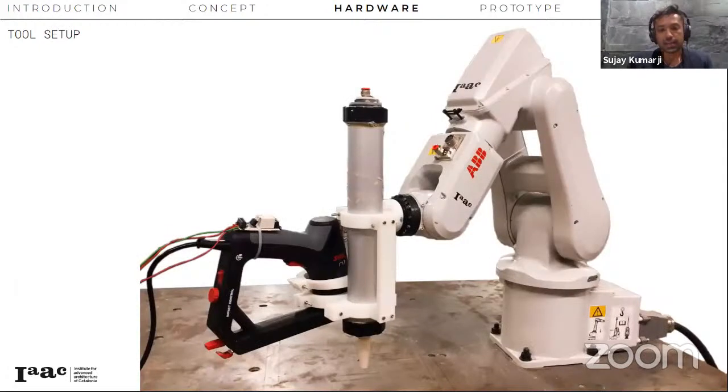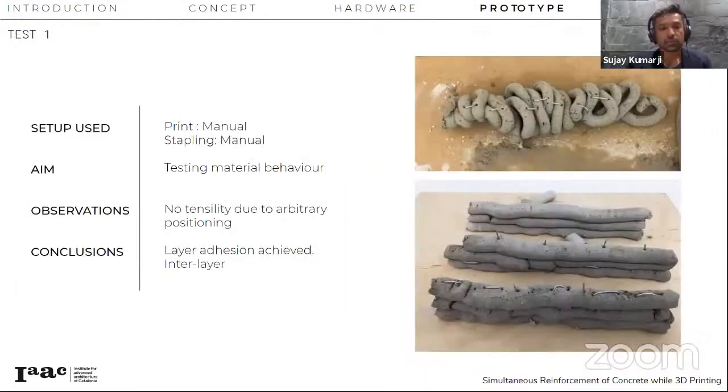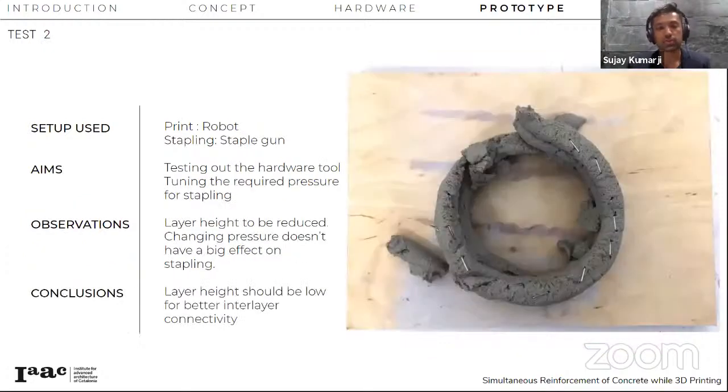So this was our setup that we came up with. And based on that, we decided to start off with a few tests. The initial tests were done manually, to see how the concrete works, how the material reacts to the stapling, and to test physically if there were some problems with the whole technique that we're using.